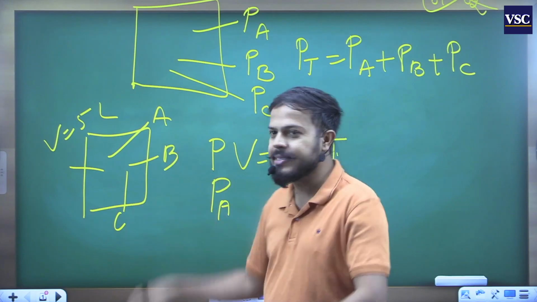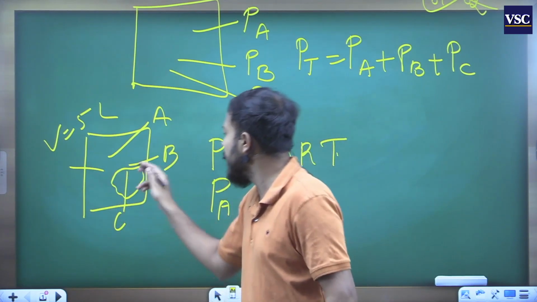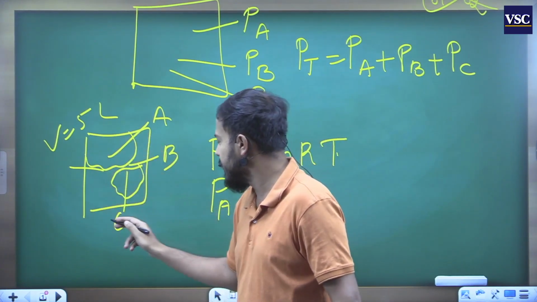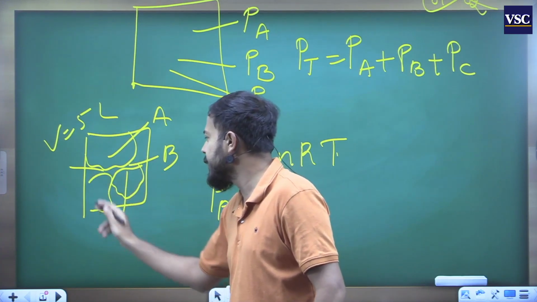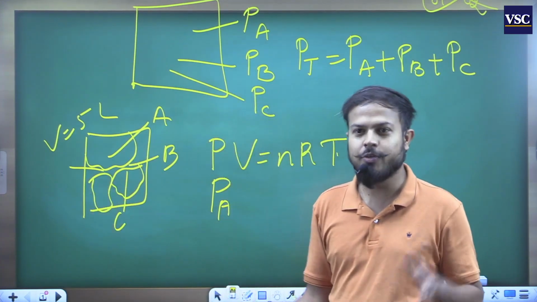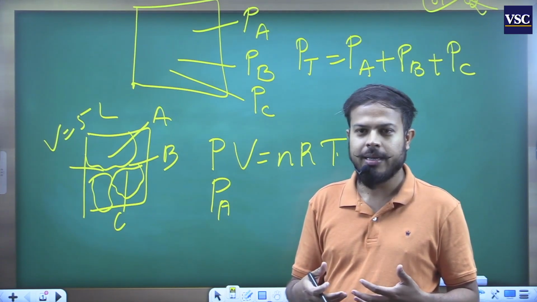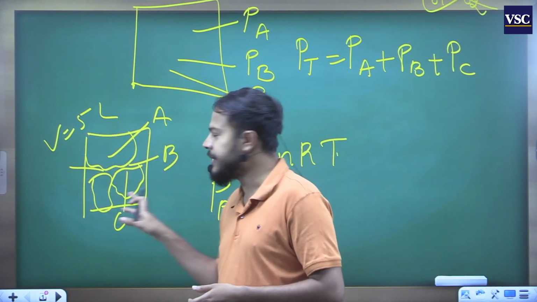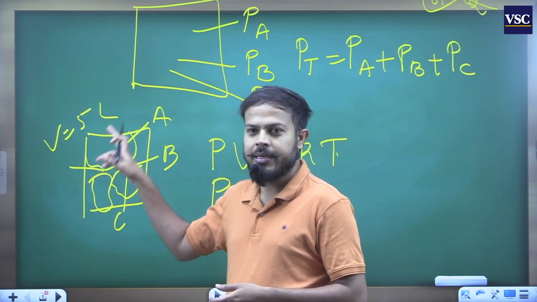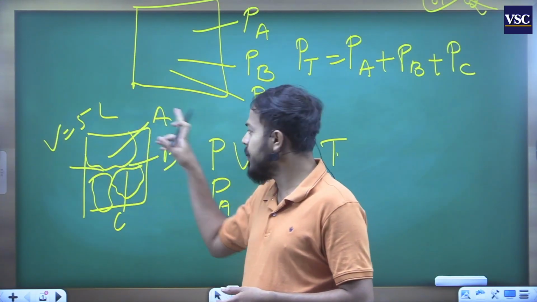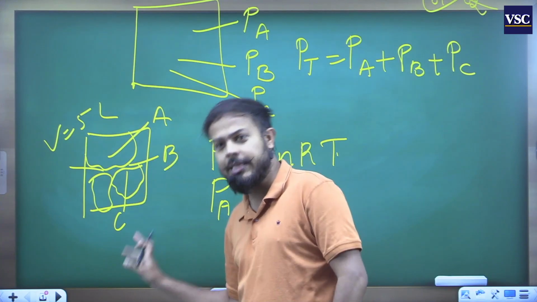It won't be like gas A will just take this part and gas B this part and gas C will take this part. No, it's not like that. When you mix the gases, they spontaneously diffuse together. So the volume of the container, that is 5 liter, will be taken for A, for B, and for C also.